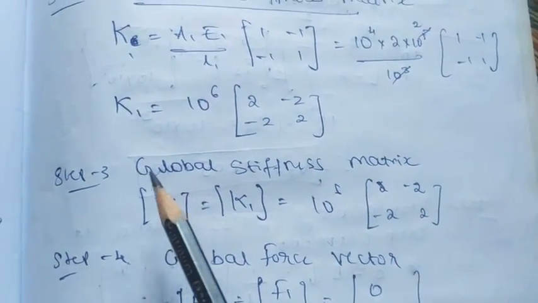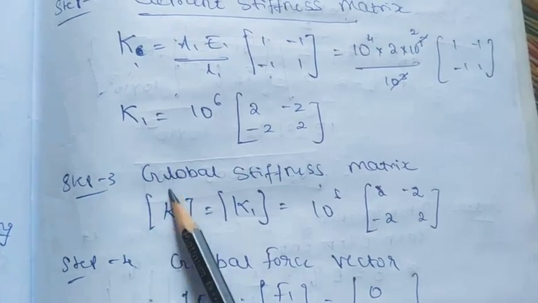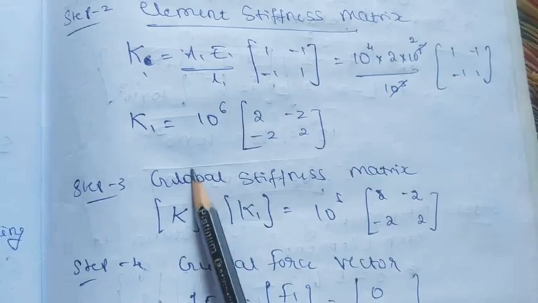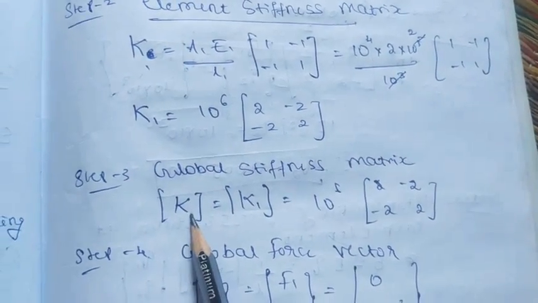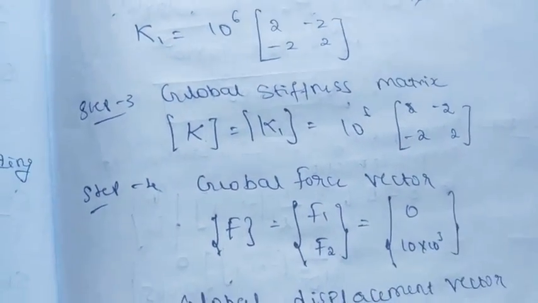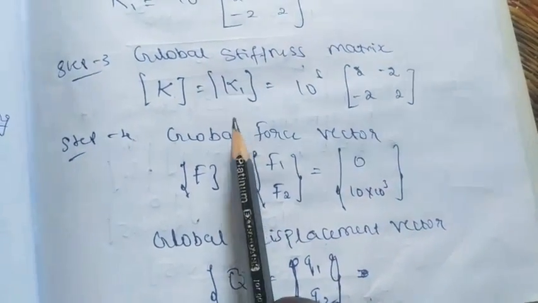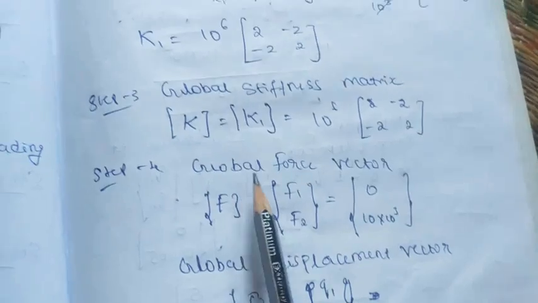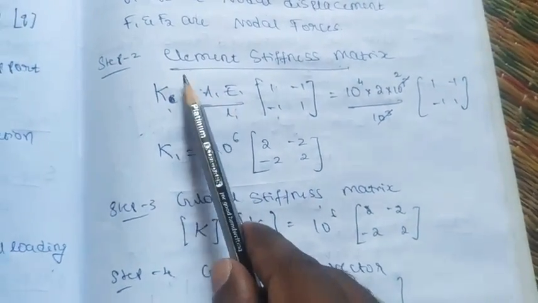Step number 3 is the assembly of the global stiffness matrix. Here there is only one element, therefore K1 is nothing but the global stiffness matrix. Next, step number 4: we need to find the global force vector and the global displacement vector. How many forces are there? F1, F2.